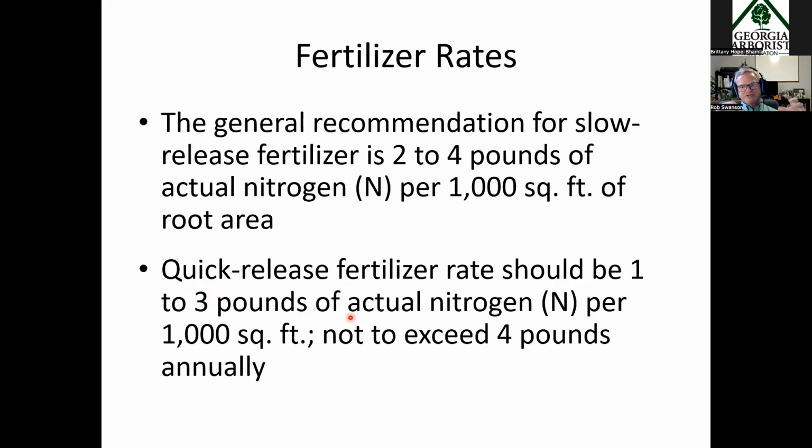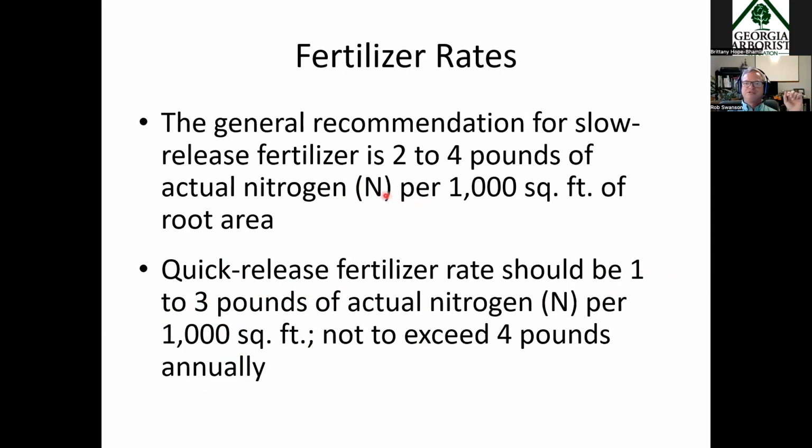So again, if you have that 100-pound bag of 10-10-10, that means you have 10 pounds of actual nitrogen in that 100-pound bag. Hopefully this makes sense. And so you'll have to calculate how much of that bag is needed for 1,000 square feet for it to be 1 pound of actual nitrogen.